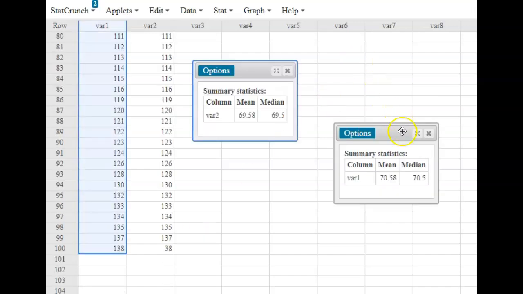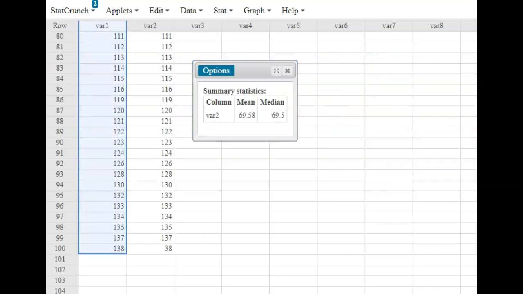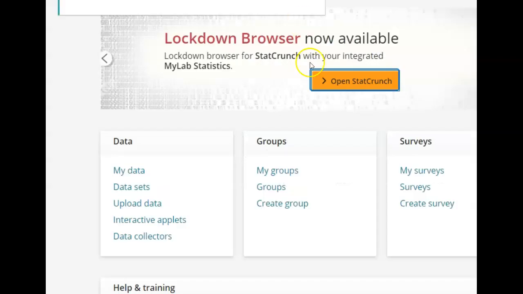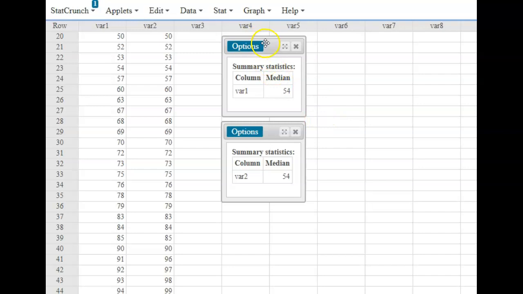All right, so unfortunately, it does matter what the mean is. The mean in the example is 31.52. So if my mean is too high, then that's going to make a difference.